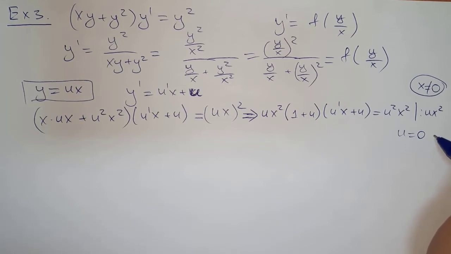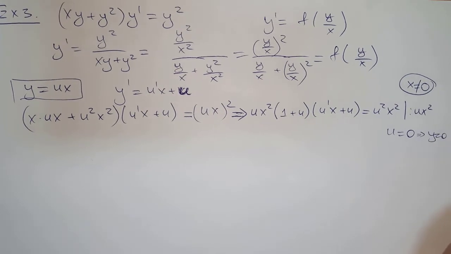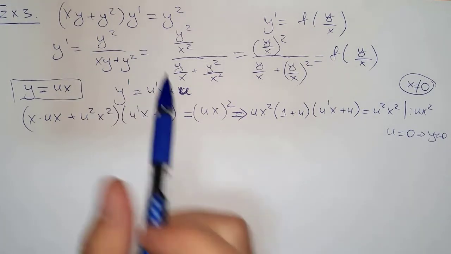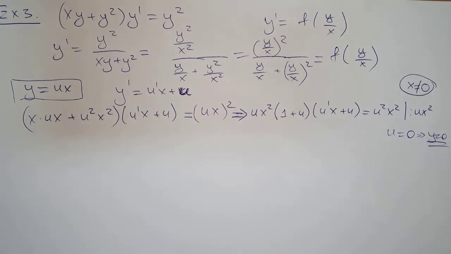If u is 0, it means y is also 0. So if y is 0, and you put 0 here, it is satisfied. So y is 0 is one solution of the differential equation.